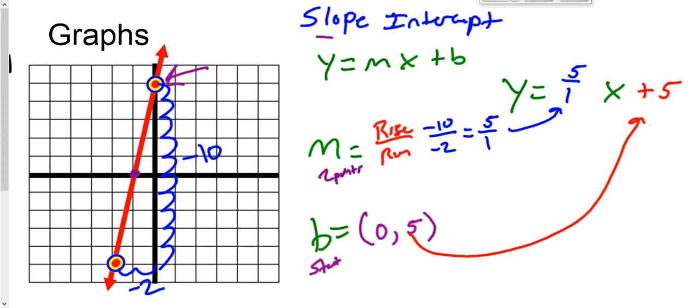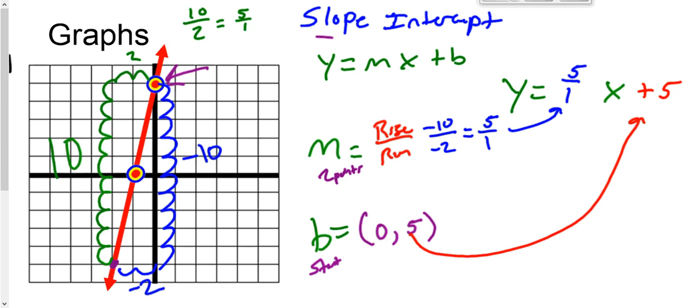If we had gone the other direction, say from this bottom point to the top point, 1, 2, 3, 4, 5, 6, 7, 8, 9, 10 over 1, 2, we get positive 10 over positive 2, still 5 over 1. Say we went from this middle point to this point.